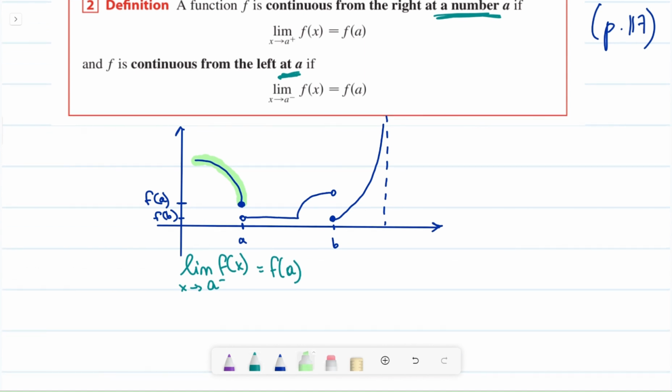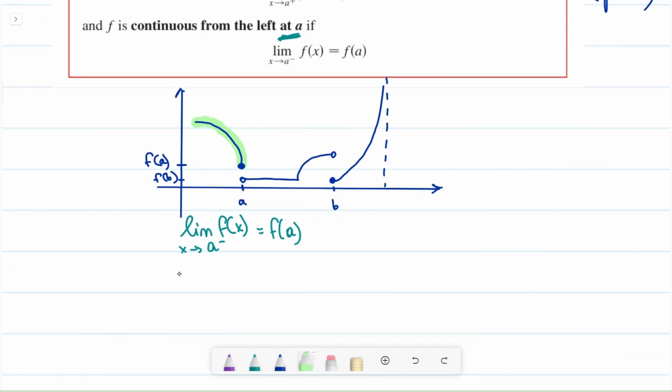Now let's try from the right. If we approach a from the right, we do not get f of a. Therefore, in such a case, we would say that the function is continuous from the left.